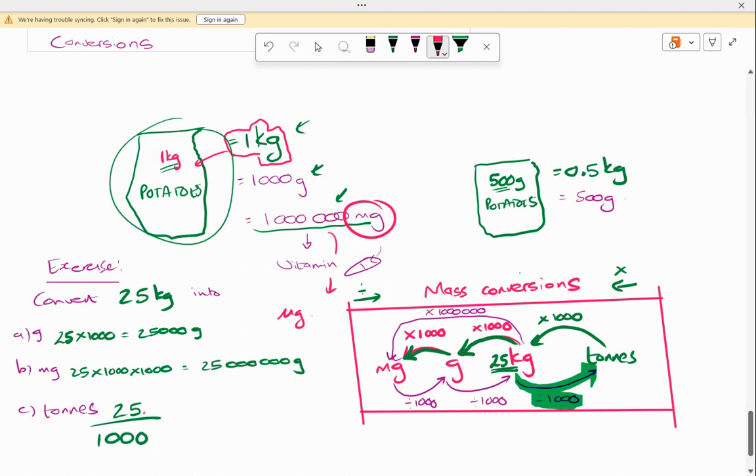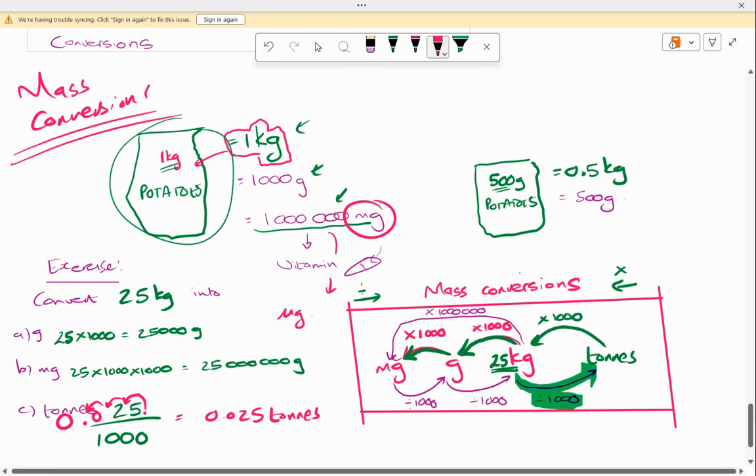The decimal is actually over here, so we jump left 1, 2, then we put a place value of 0. That's 3 jumps, and we put the dot there and the 0 there. So this becomes 0.025 tons. All right, so this is mass conversions.